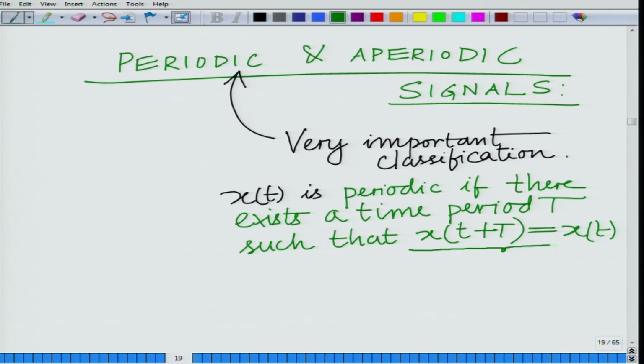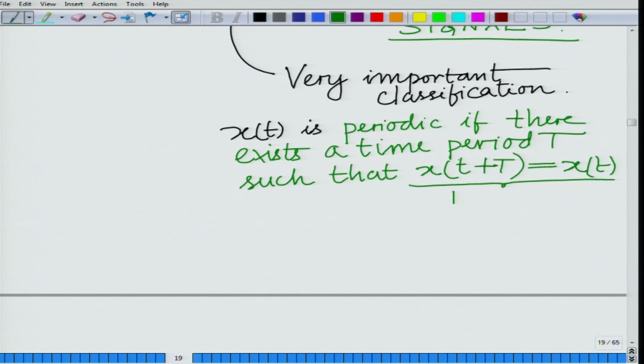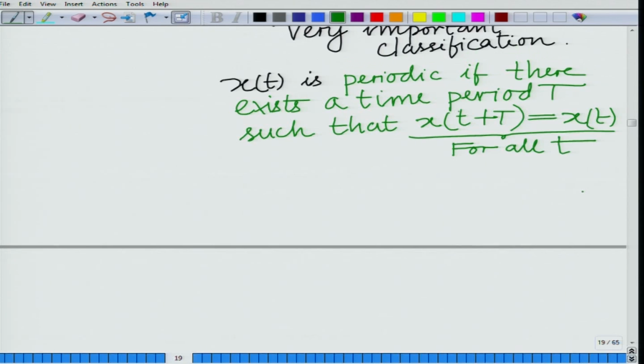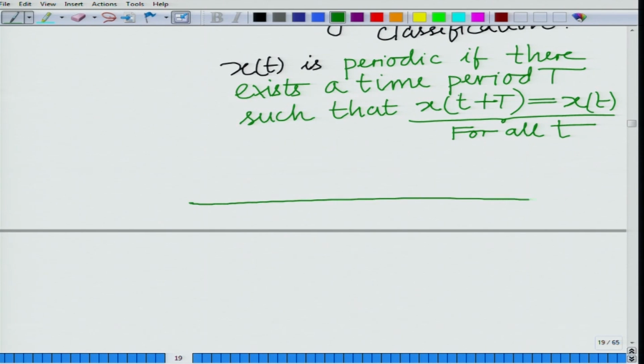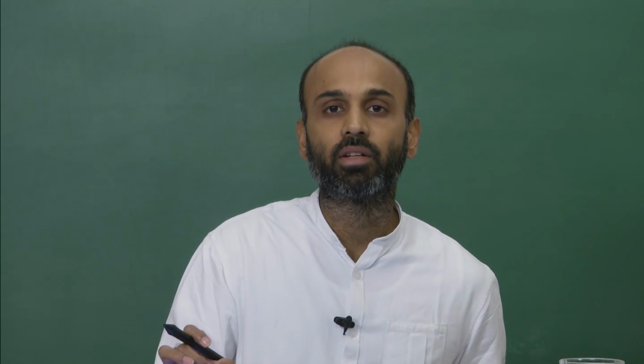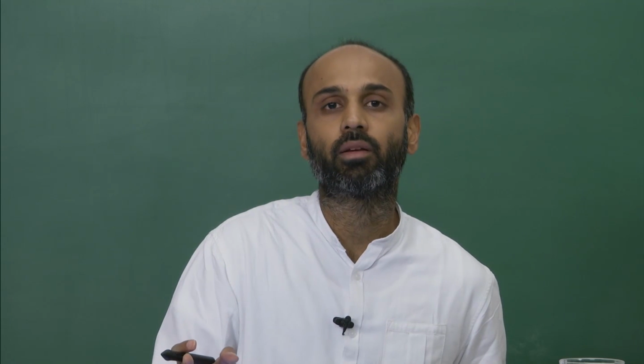This holds for all t, not a particular t, for all t. That is, there exists a time period capital T such that if you look at x of t plus T, shifted by capital T, it is equal to x of t, and this is true for all time.